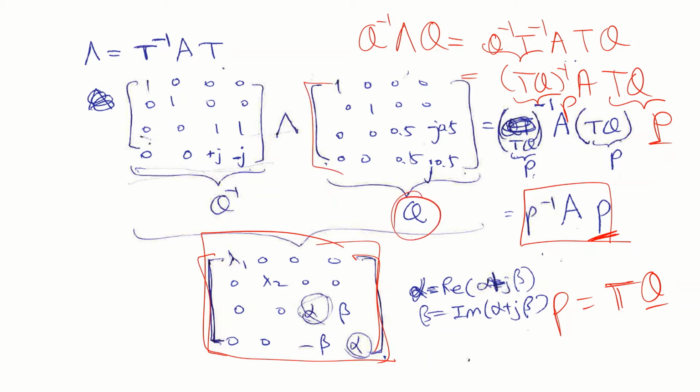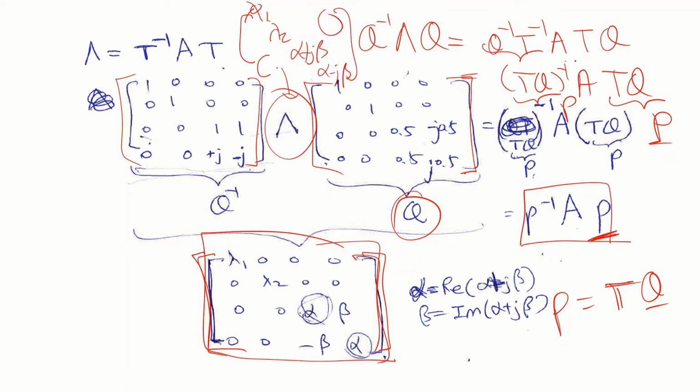If we use this particular matrix Q and the corresponding Q inverse here, then this lambda will turn into this new lambda. The original lambda looked like lambda 1, lambda 2, alpha plus j beta and alpha minus j beta. If you apply this Q inverse and Q to this lambda, your new version of lambda will look like this.